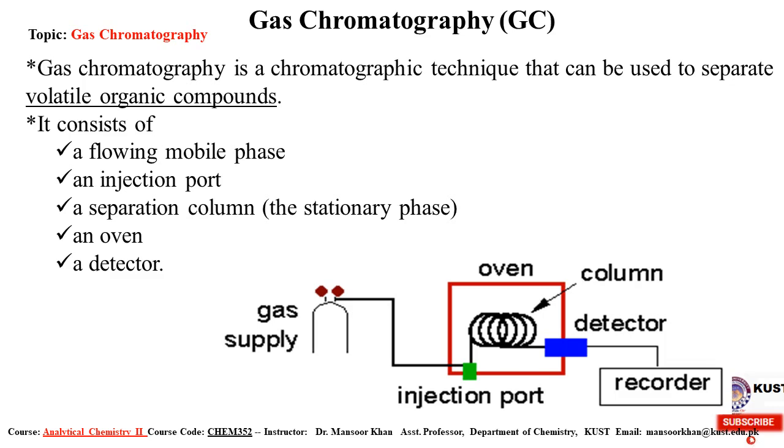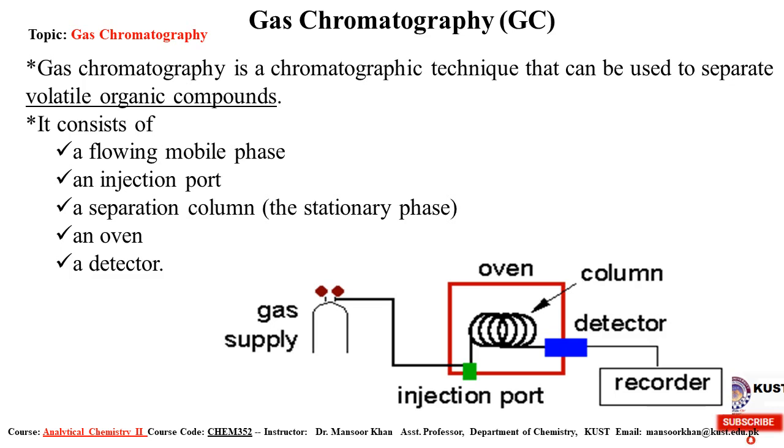And the injection port, as I have mentioned earlier, is that part of the gas chromatograph where a suitable amount of the sample is injected to the column. And the oven, where the columns are present in coil form, provides high energy to the column where it maintains the volatile form of the sample.